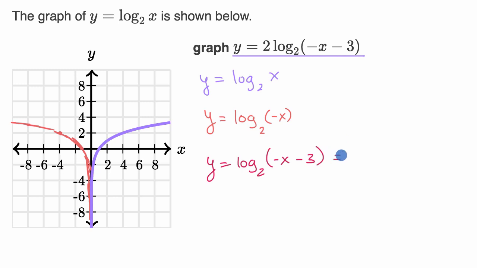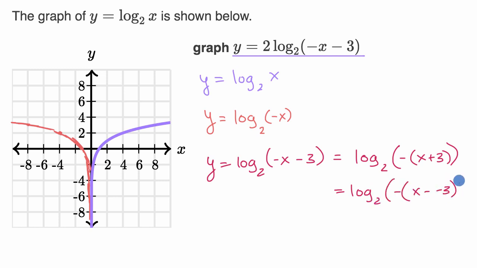Because what we want to do is rewrite this so that we have log base 2 of the negative of, and then we could say x plus 3. This is a tricky one. Because if you replace your x's with an x plus 3, this is the same thing as log base 2 of the negative of x minus negative 3.